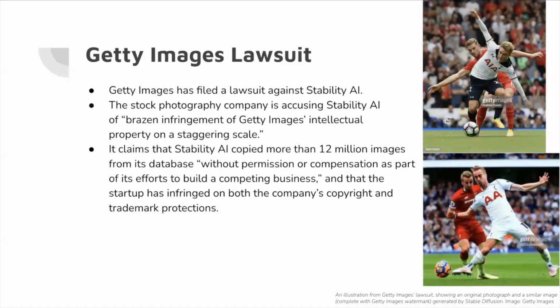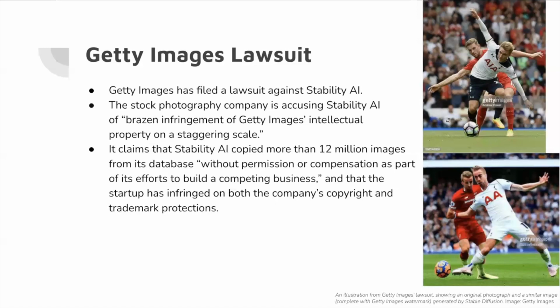So at the top, this is a picture taken by a licensed photographer from Getty Images, Andrew Powell, at a soccer game. And you can see at the bottom, Stability AI's image generator has taken that image and morphed it into an image of their own.